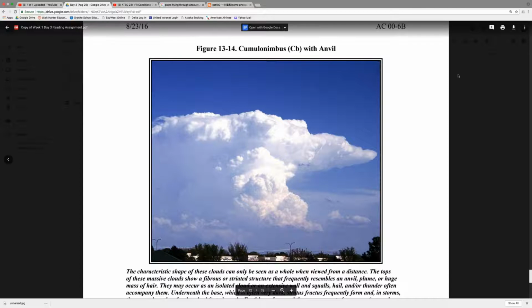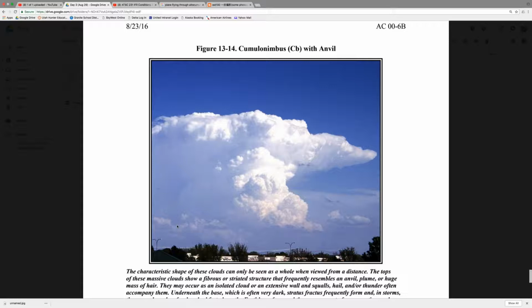where we get the most violent thunderstorms. So this is after it anvils. And you can see why we call it an anvil top, because it looks like an anvil, right?